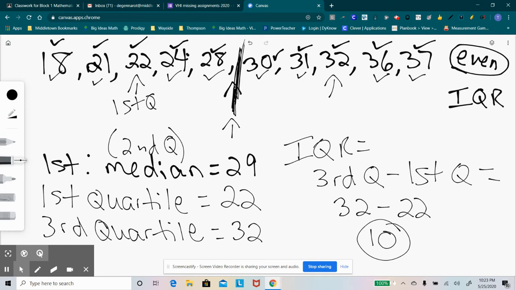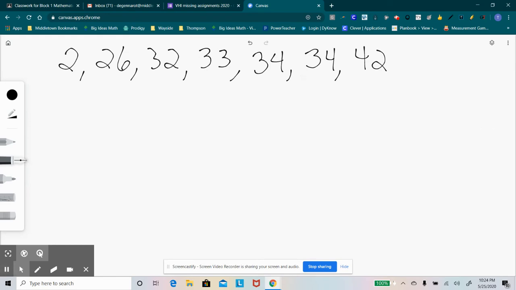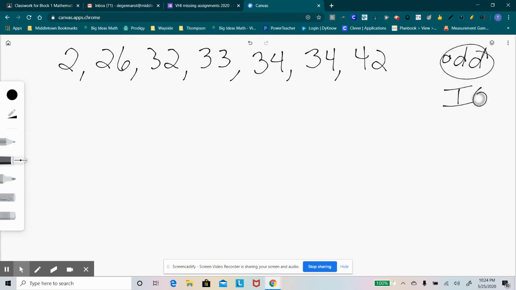We're going to now do an odd number of data set. Okay, so here is our odd number of data set. We're still going to do the same thing. We want to find the IQR, the interquartile range. So in order to do that, we're going to have to find the median first, which if you remember, is also considered our second quartile.